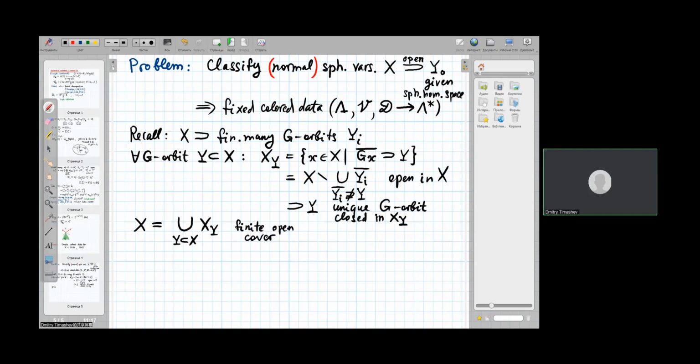So to summarize, we have covered our spherical variety X by finitely many G-stable open subvarieties, each of them containing a unique closed orbit. Such a spherical variety containing a unique closed orbit is called simple. Let me write the definition.